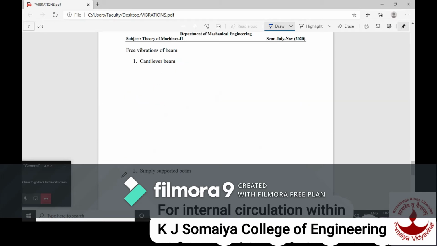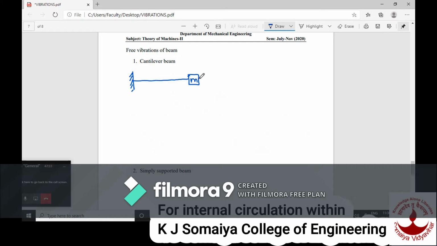Now we will come to the two cases: a cantilever beam subjected to free vibration and a simply supported beam subjected to free vibration. For example, in case of a cantilever beam, if I consider a beam, here the mass of the beam we are neglecting, so the entire mass is applied only at the end of the beam, and that is called the equivalent mass.